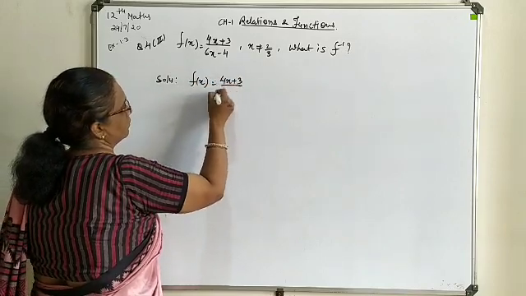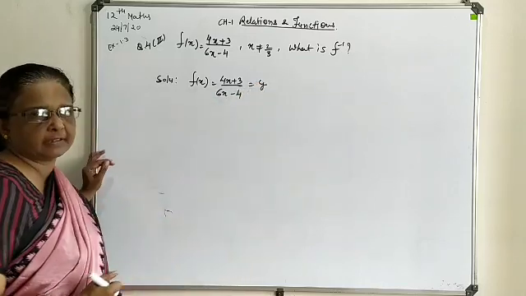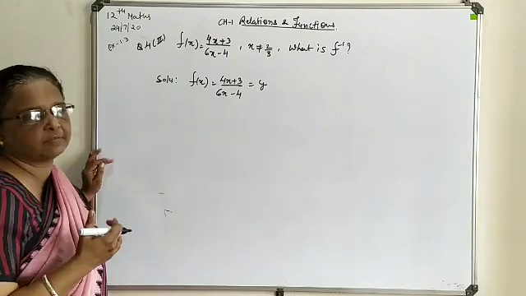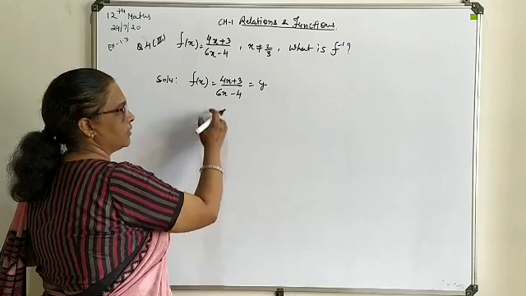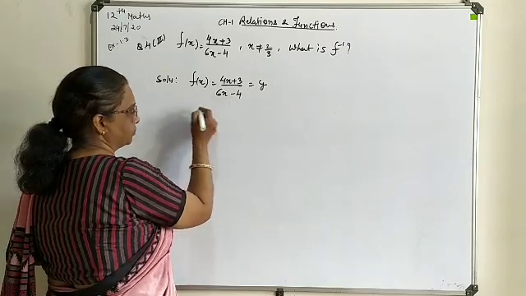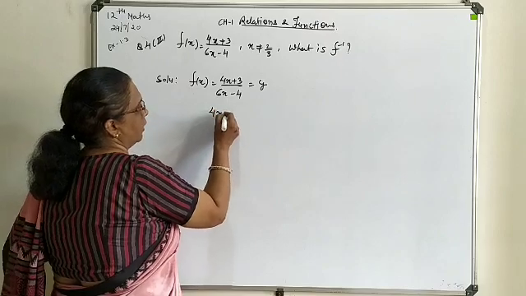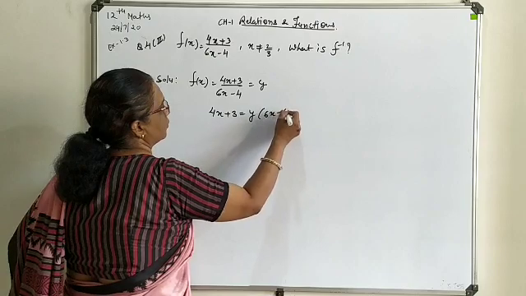as such given, and normally the f(x) value we write as y. Now cross multiply, and here x we are going to define in terms of y, and that further we will check also. So here you see 4x + 3 = y(6x - 4).